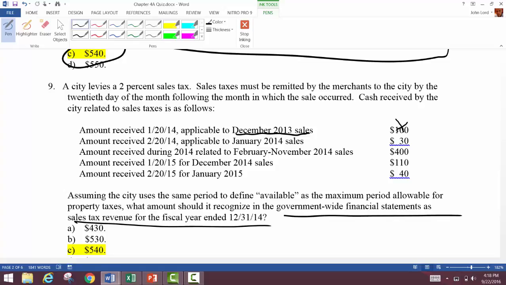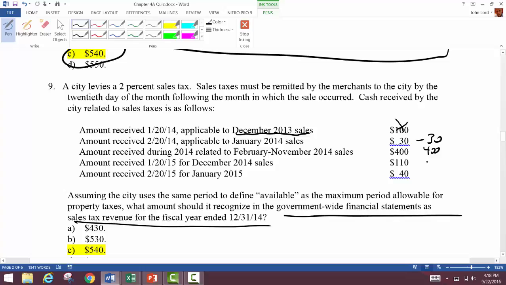Okay, so how about amounts received in 2014 applicable to 2014 sales? Yep, we're going to pick that 30,000 up, right? How about the amounts applicable to the 2014 sales through November? Yep, got to pick that one up, 400,000. How about the amounts collected in 2015, I should say, related to 2014 sales?